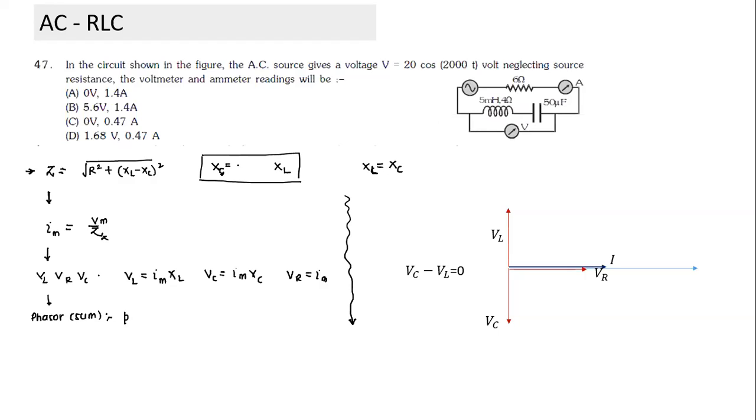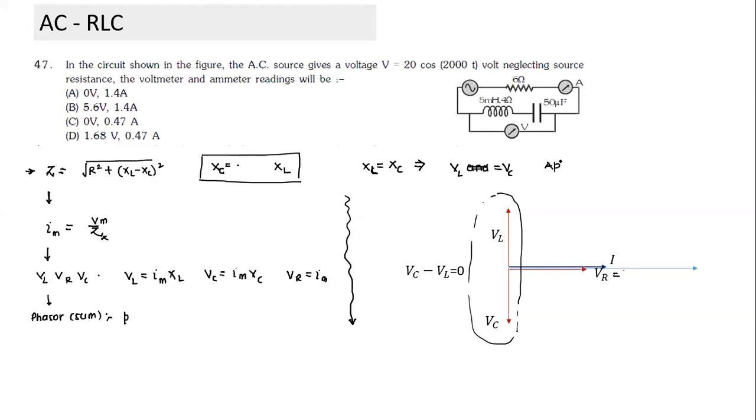So the moment I find XL is equal to XC, I know VL will be equal to VC. And since they are in the opposite direction, if I take the phasor sum of the two, it is going to come to zero. So if this sum is zero, what is VR equal to? VR will be equal to the applied voltage. So whenever XC is equal to XL, it implies VL and VC will be equal, hence they will cancel out.